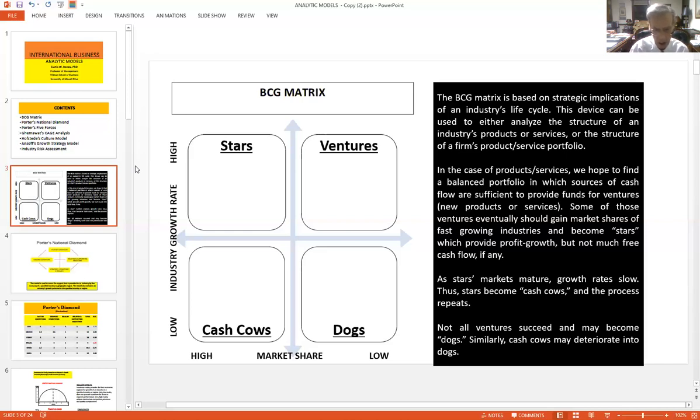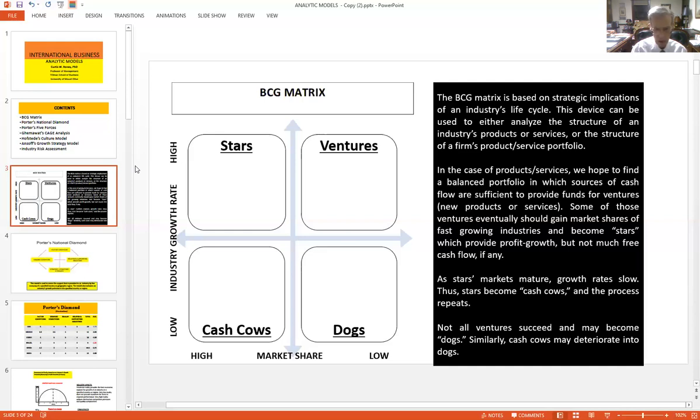So the star is going to be found in a section or segment of the life cycle where the industry is growing pretty rapidly. And the company has fortunately accomplished a large market share.